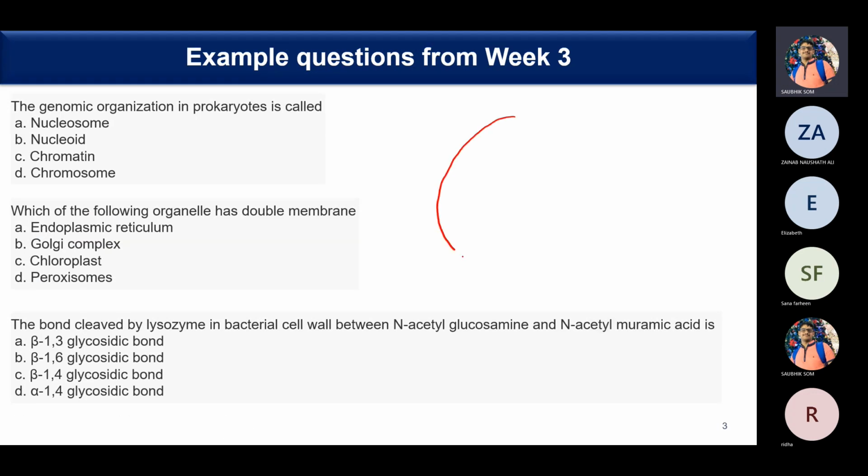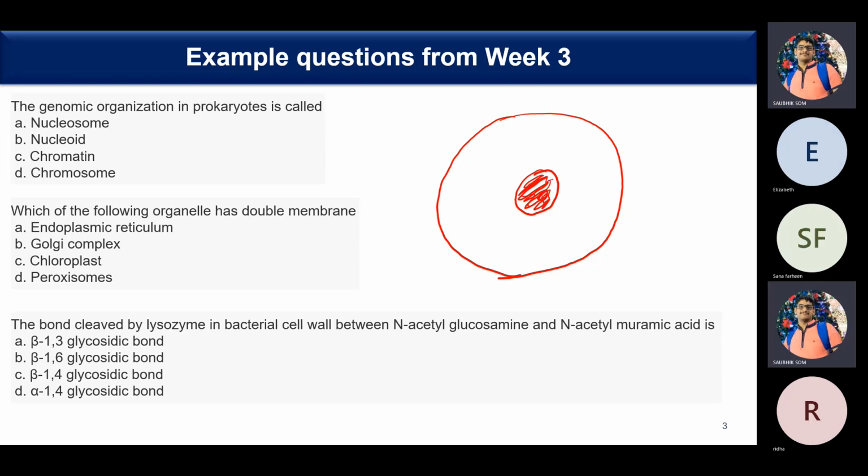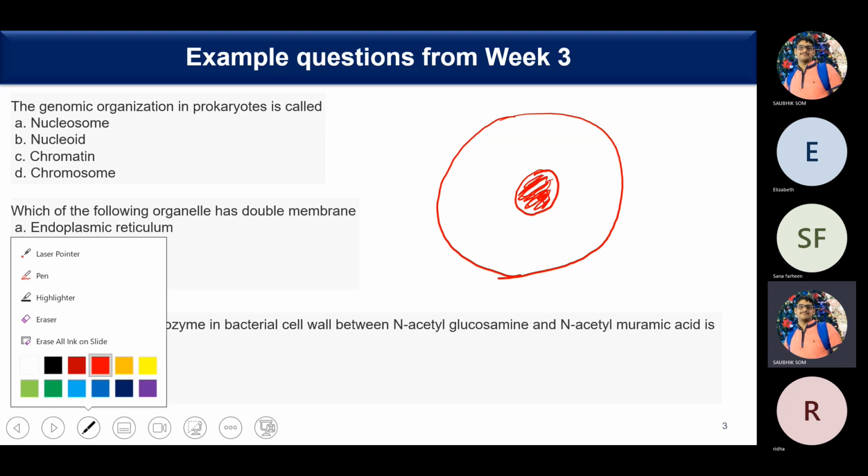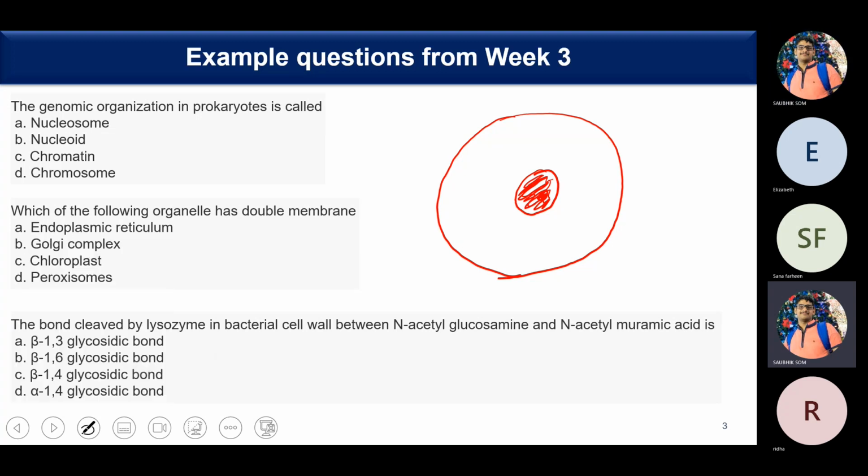If we see one cell structure, in the middle there will be the nucleus. Then there will be endoplasmic reticulum here. Then there will be Golgi bodies also, right? Like this, Golgi bodies will also come.